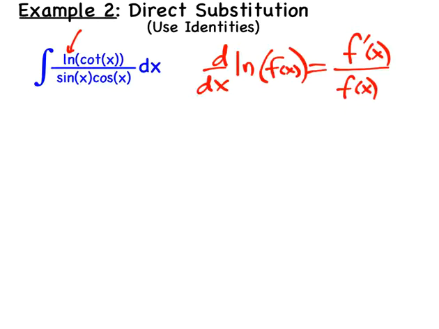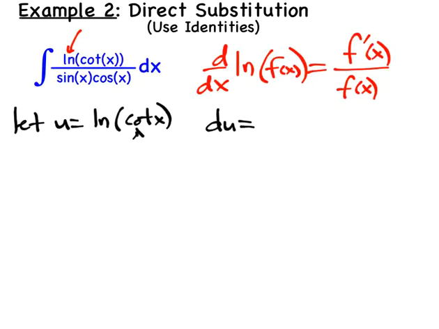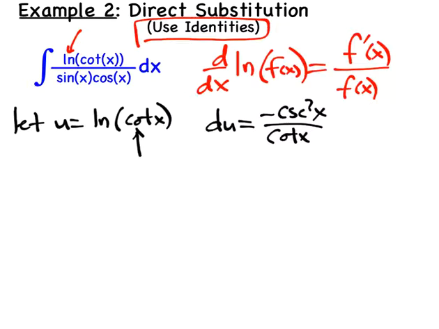So if we let u equal the natural log of the cotangent of x, when we take this derivative du, it's going to be the derivative of cotangent, which is negative cosecant squared, over itself, which is cotangent x. And now we have to use some identities to help simplify this derivative.